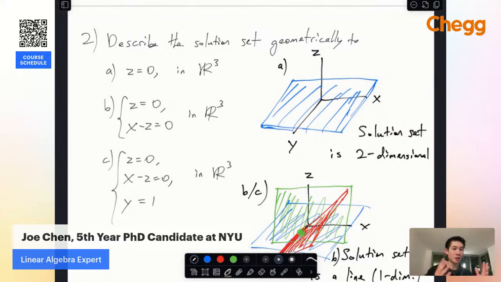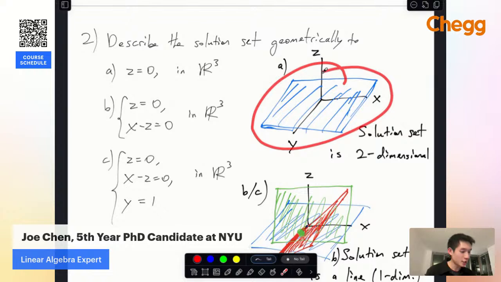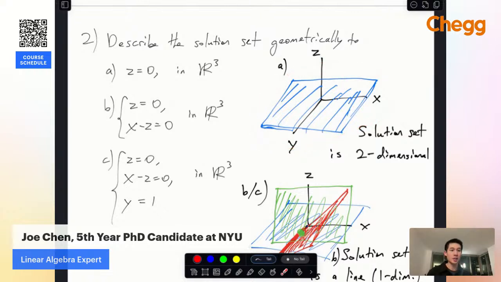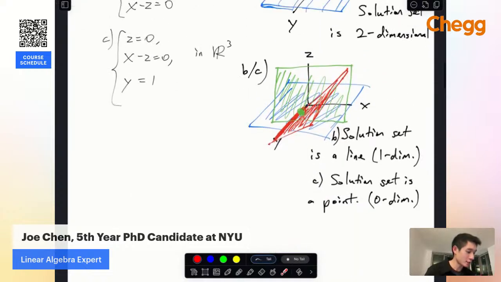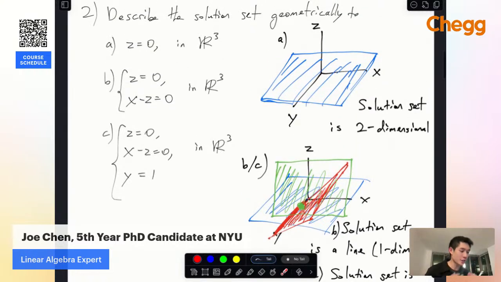Whereas if you have a single equation, as I've drawn in blue up here, the solution set will just be one dimension lower, which is a plane. So a plane is a two-dimensional flat object. Whereas when I add another constraint, another equation, it goes down from a plane to a line. And then when I add one more, then it's a single point.